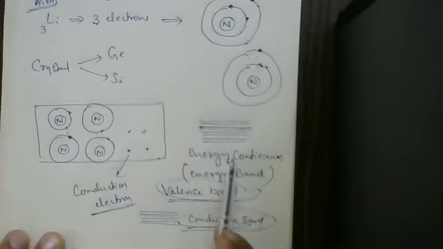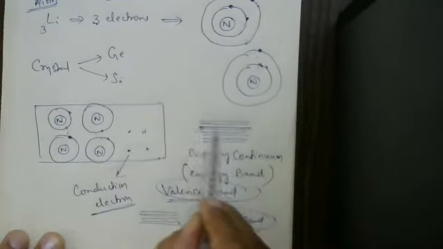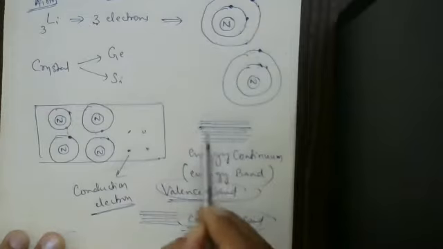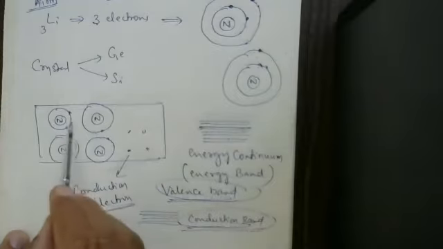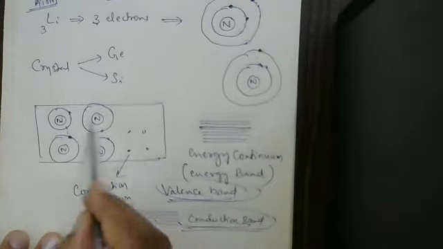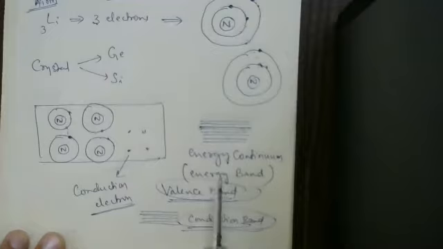Then the energy band, divided into small, closely spaced energy levels, is the energy continuum. Such an energy band, due to the valence electrons of different atoms, is called the valence band.